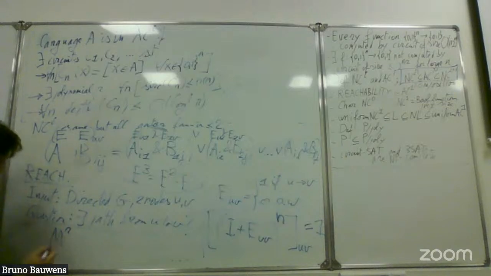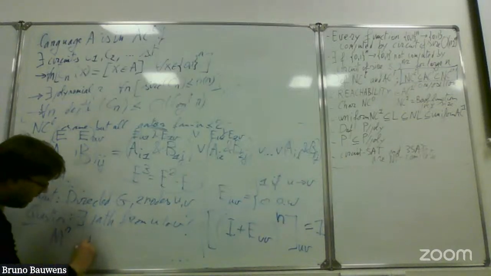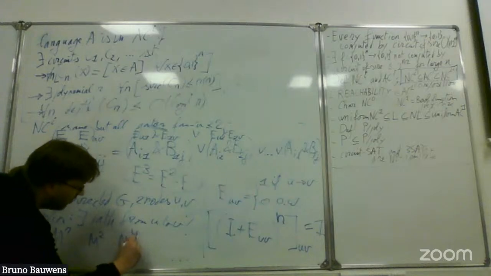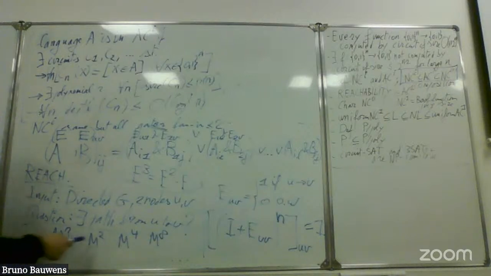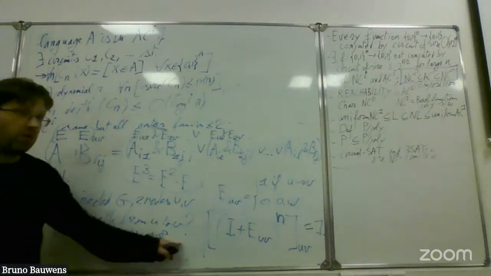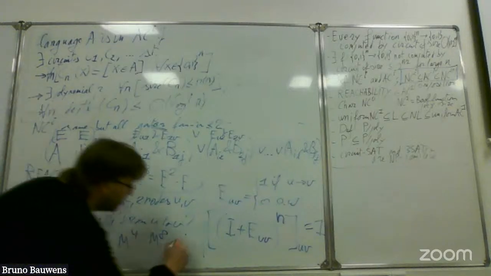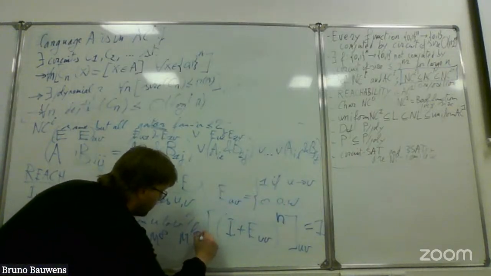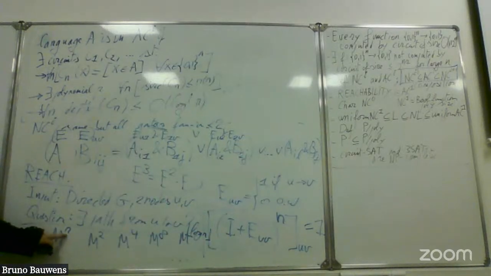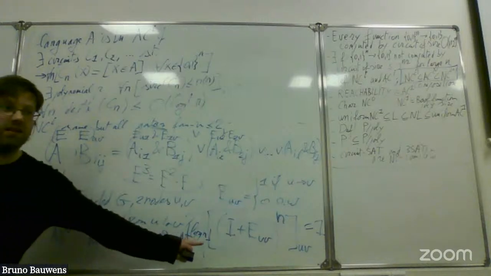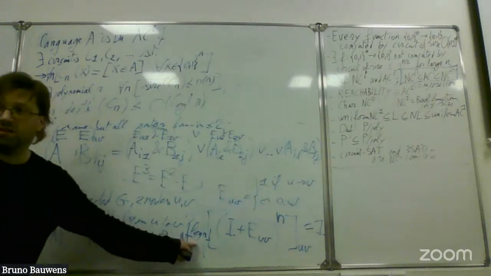So what will we do? We will compute m squared, m to the power 4, m to the power 8, and so on, up to m to the power log n. And then we create the number n from its binary representation, and then multiply all the things.